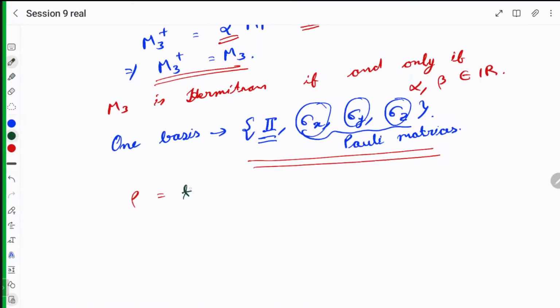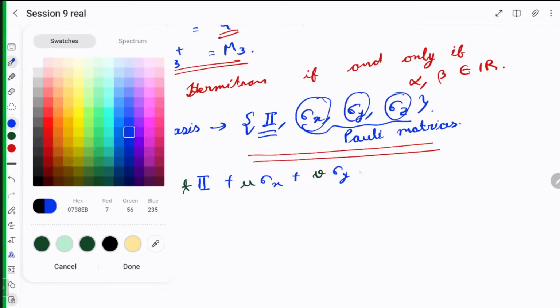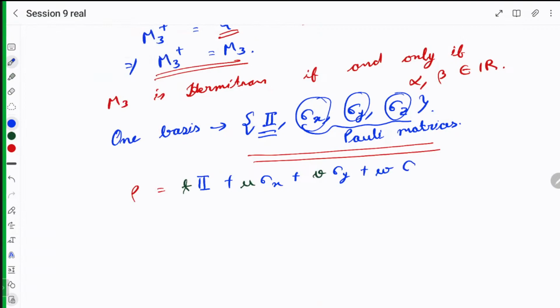Let's say T I plus U sigma x plus V sigma y plus W sigma z.